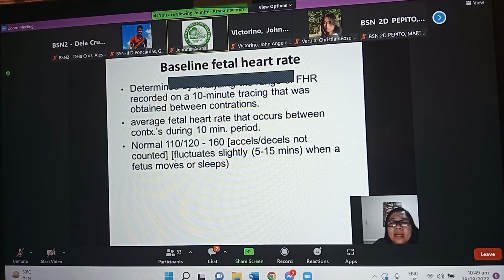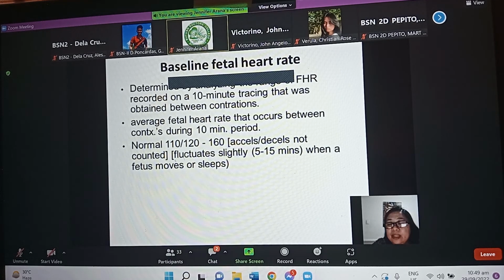The baseline fetal heart rate is determined by approximating the mean fetal heart rate rounded to increments of 5 beats per minute during a 10-minute window, excluding accelerations and decelerations and periods of marked FHR variability.